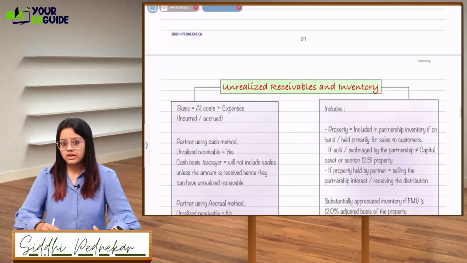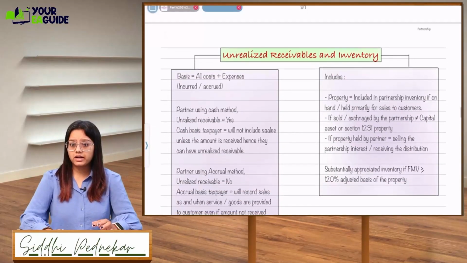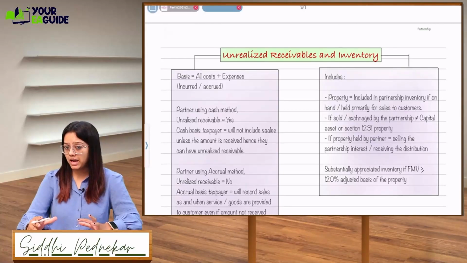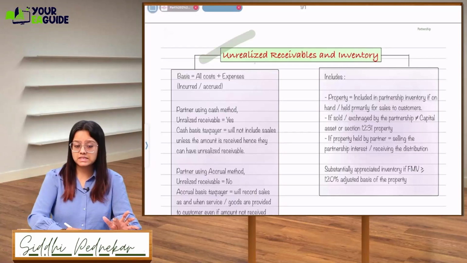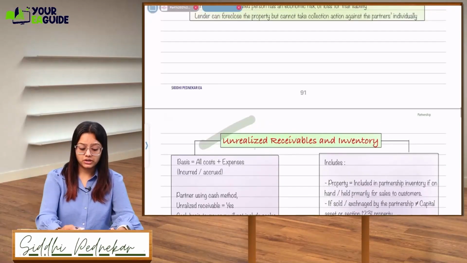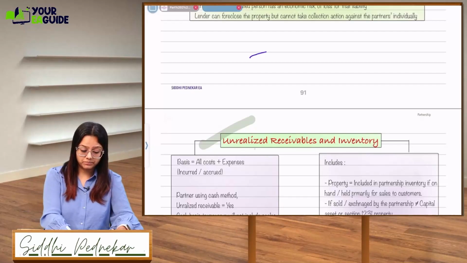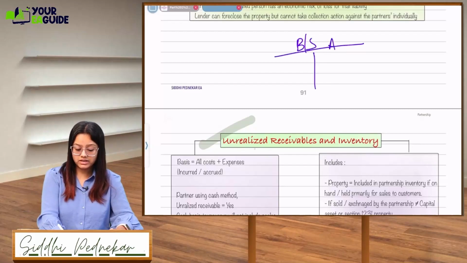Got it, guys? Now the next important part is unrealized receivables and inventory. What do we mean by unrealized receivables and inventory? This is a simple thing you have to understand, and before we get to the time of distribution, let me explain the meaning. If you look at the balance sheet, there is an asset side.